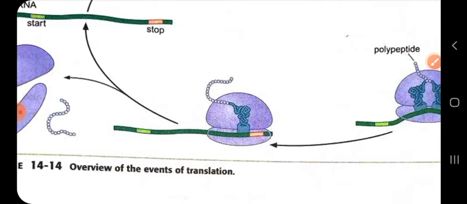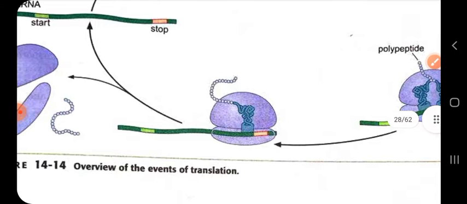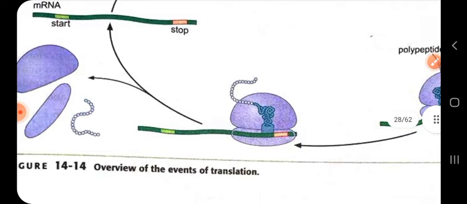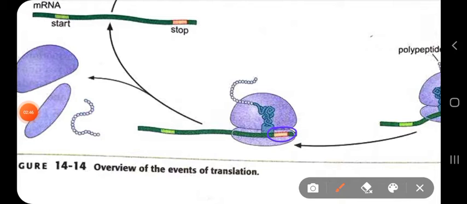At the end of the translation process, the stop codons are recognized, and after recognition of the stop codon, the ribosomes disassemble.